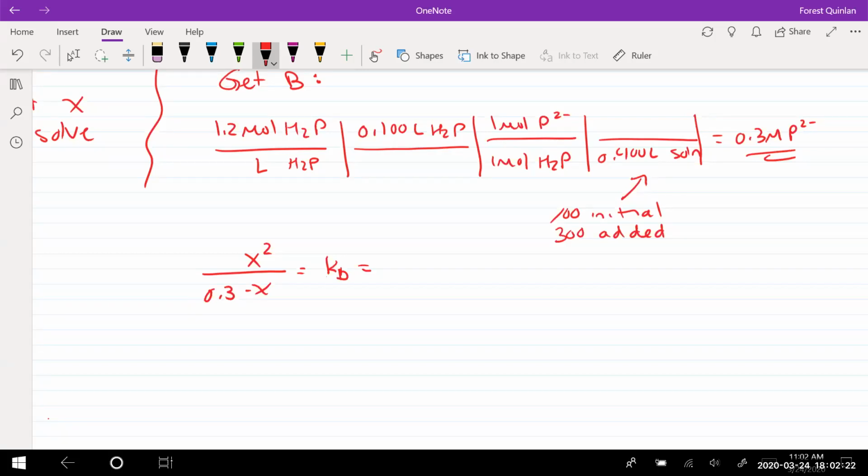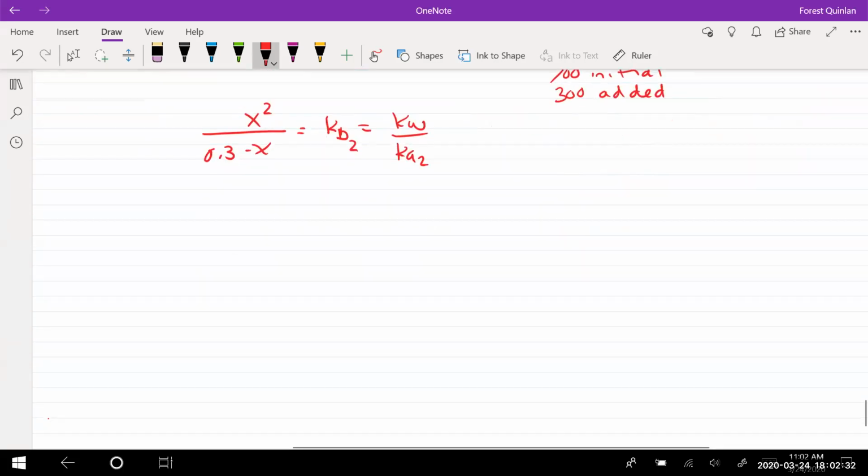So we'll solve for Kb, which is going to be Kw over Ka2, because we're looking at the second. So this is now x squared over 0.3 minus x is equal to 1 times 10 to the minus 14 divided by 3.9 times 10 to the minus 8.